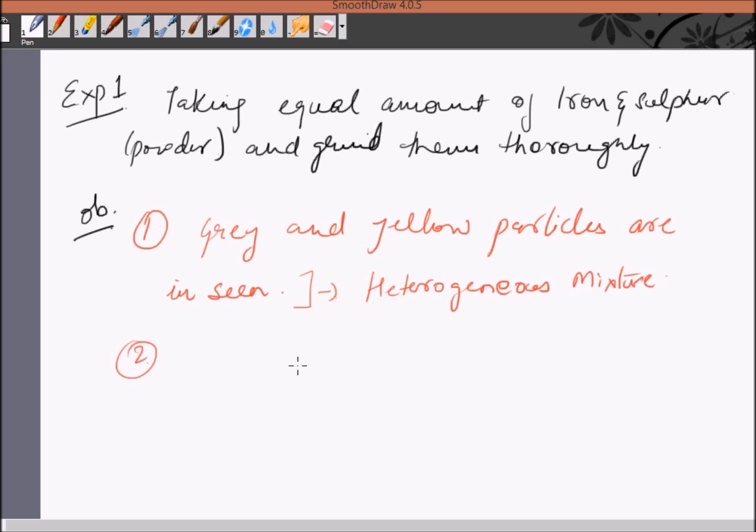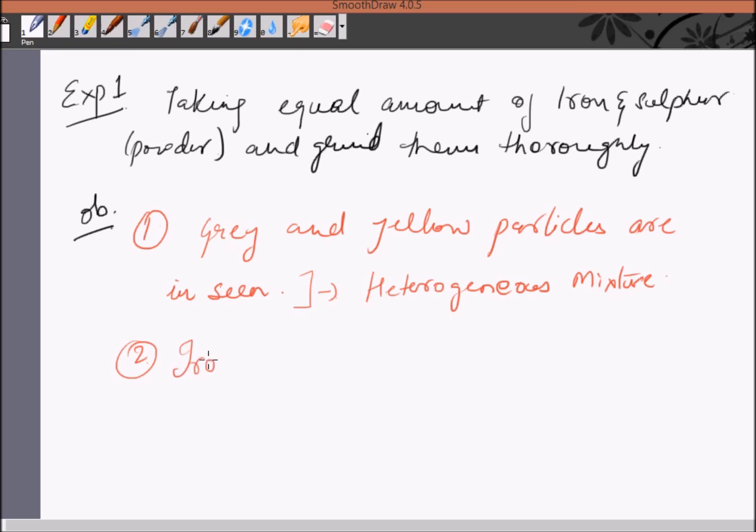In the second observation, all the individual particles of iron and sulfur will be shown separately by the mixture. So the iron particles will be attracted by a magnet and sulfur will be dissolved in carbon disulfide.